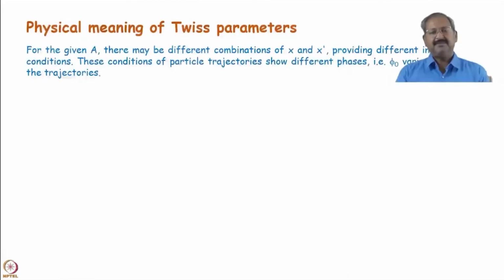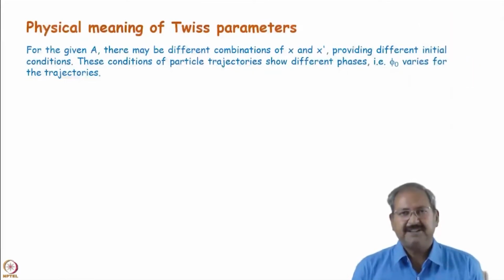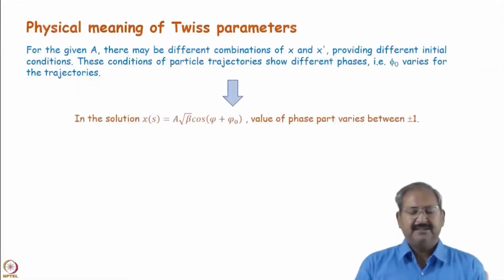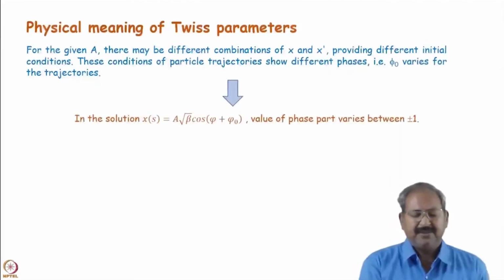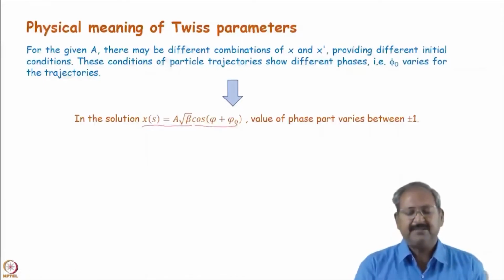Now we come to the physical meaning of the twist parameters. The physical meaning of beta is very simple. Because in the solution we get x is equal to a root beta, and the value of the phase part varies between plus minus 1 at any place. Cos phi may be between plus minus 1.